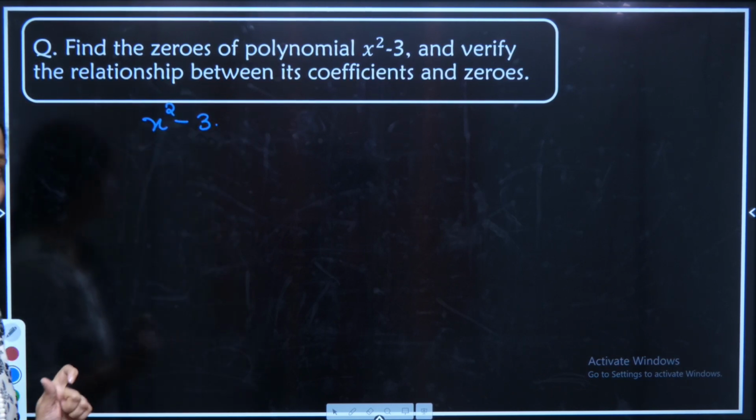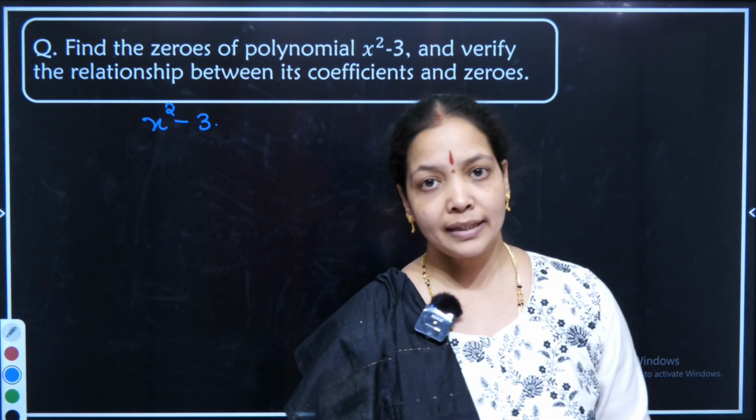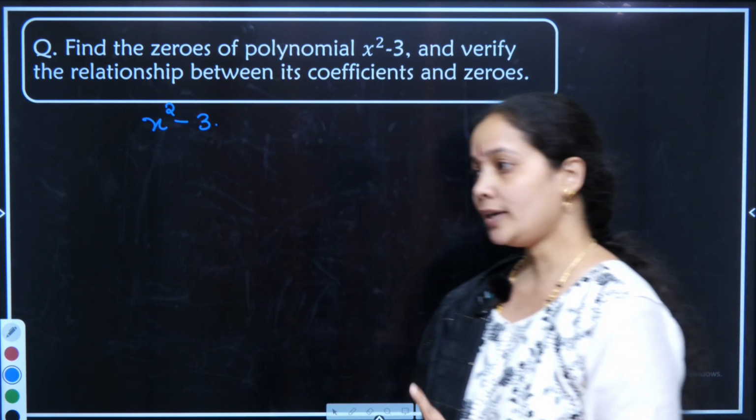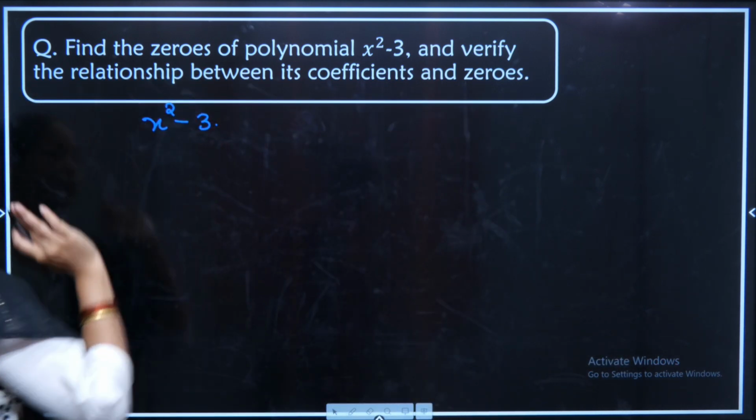Can you tell me whether it is a quadratic, cubic or linear polynomial? First of all, this is a quadratic polynomial because my variable is x and the highest power of x is 2.